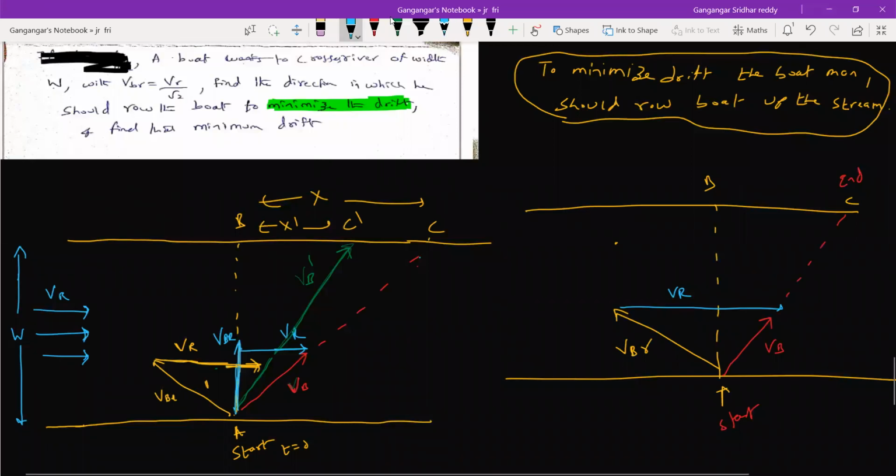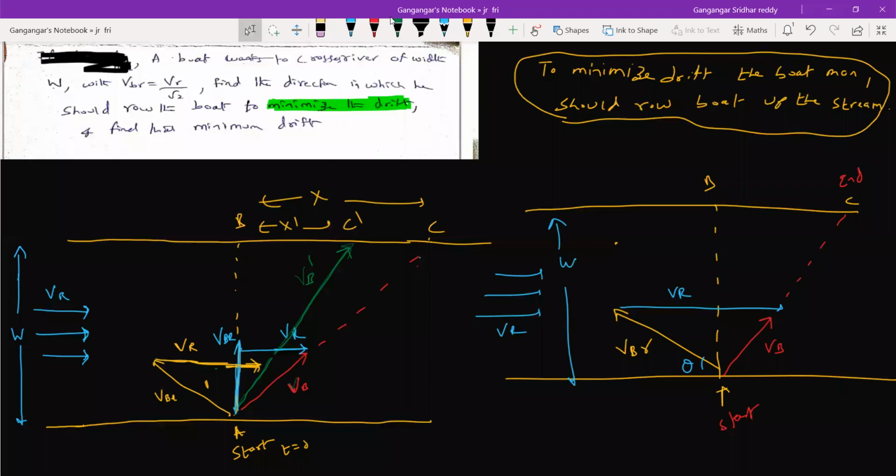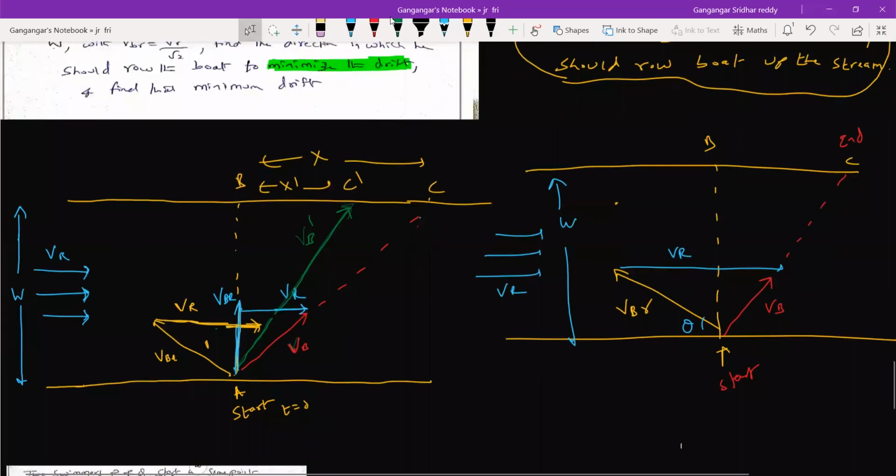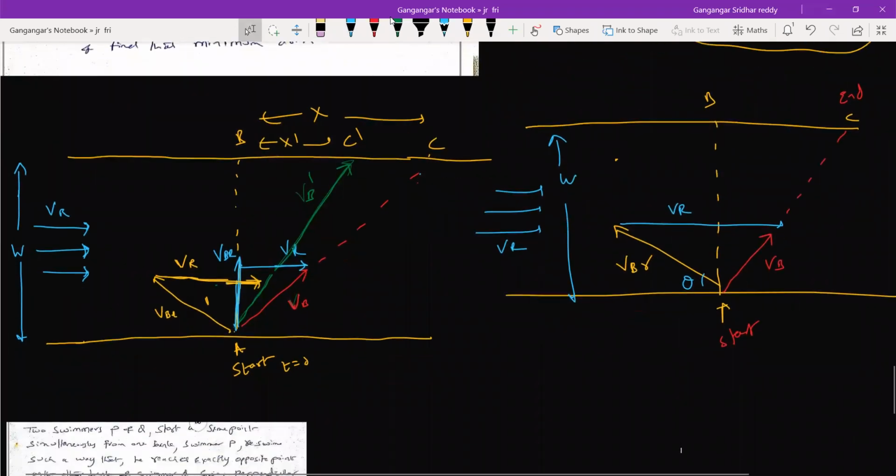This is the velocity of the river. This is the width. Let me take this angle as theta. Write down the equations now. What is the time taken to cross the river? What formulas should we use?